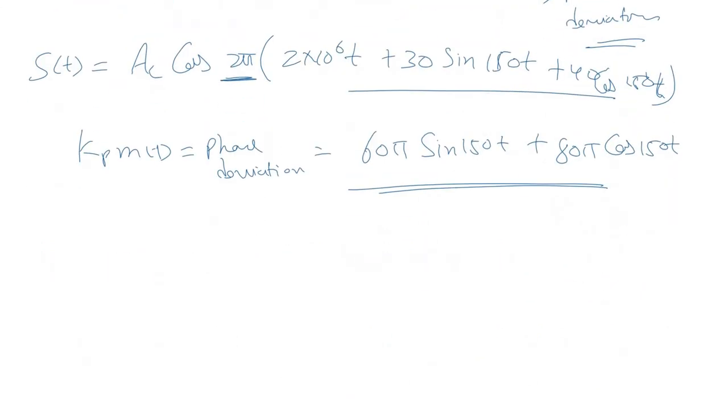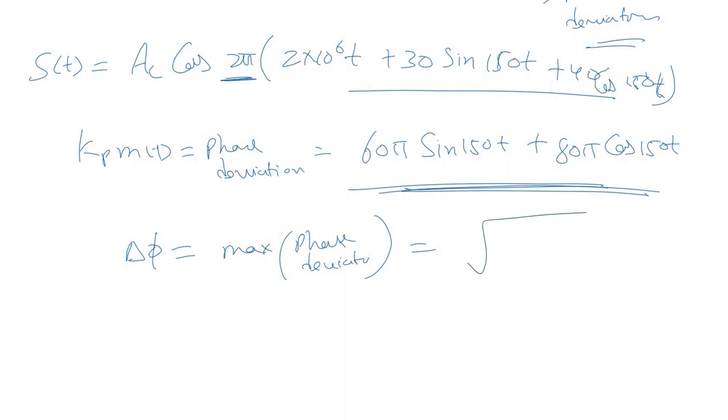Now we need to find the maximum phase deviation. So delta phi would be the maximum of this phase deviation, equal to the square root of 60 pi square plus 80 pi square, and if you simplify it, it comes out to be 100 pi.